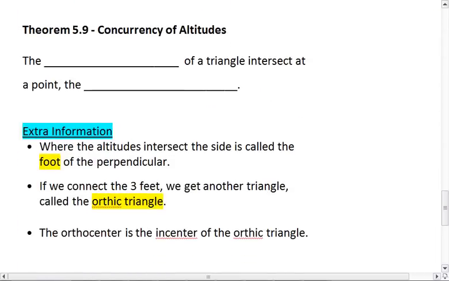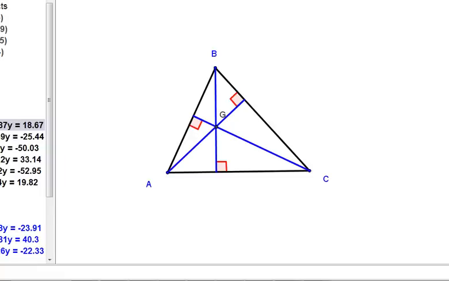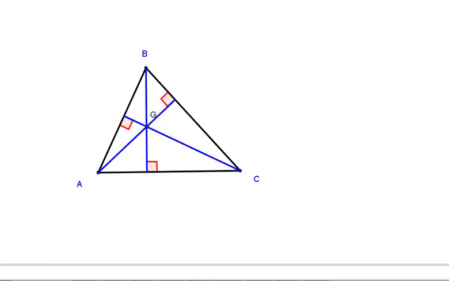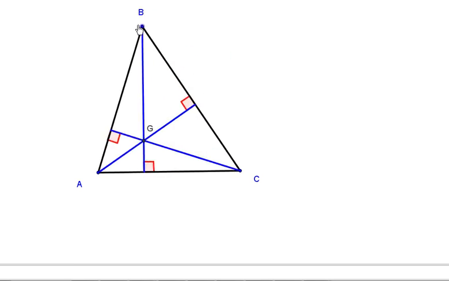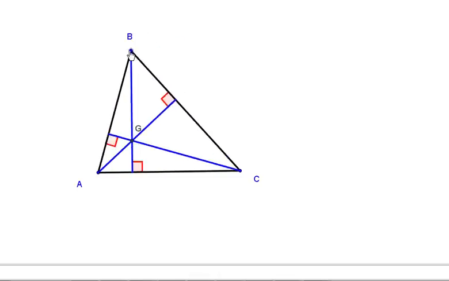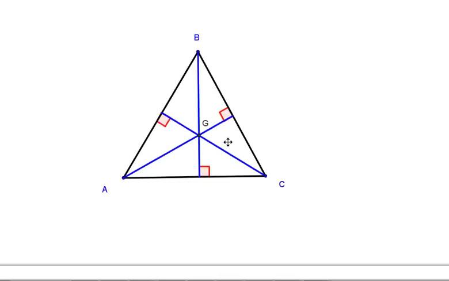Okay, the concurrency of altitudes. Here we have our triangle with our three altitudes that meet at point G. Again, we see that no matter how we change our triangle, all the altitudes always meet at point G. Something I want you to notice though, and we'll focus on the altitude from vertex B first.